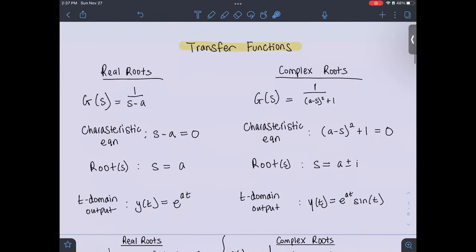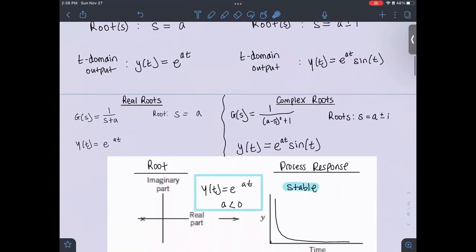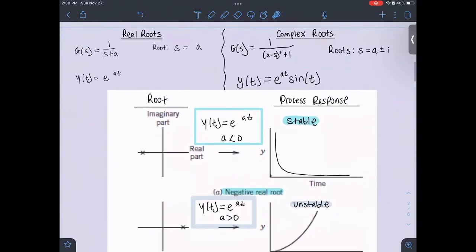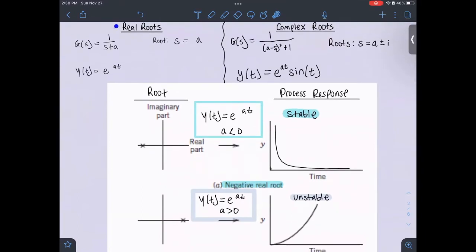Now going into what we can expect from these roots, I have a summary at the top where the real roots are on the left side and the complex roots are on the right side. First, getting into the real roots, we know that our root is where s is equal to a. Going down here, if our root is negative, if a is less than 0, then you can see that this function, y of t equals e to the at, is going to be e to a negative t value, and so that is eventually going to stabilize as the system goes on.